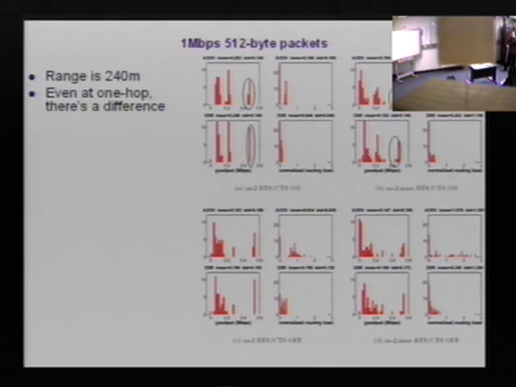With 1 hop, you wouldn't expect anything to happen, but the difference is because in NS2-MME, the route discovery might take longer because of the collisions. That's the only difference. But for 1 hop, you should also take into consideration the distance between the two nodes. If it's 1 hop, it's smaller than 240 meters. The data rate is 1 megabit per second.